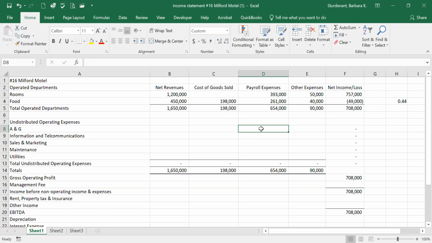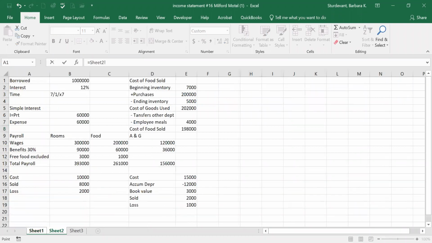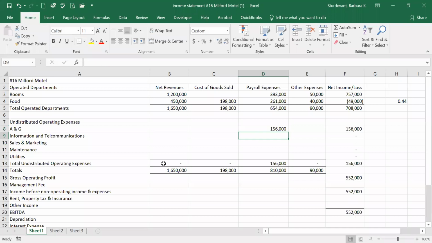So we're gonna go get our payroll for A and G. Okay, what other expenses do we have for A and G? We have an A&G of other expenses for 60,000.